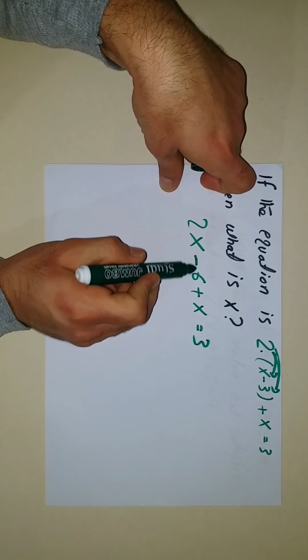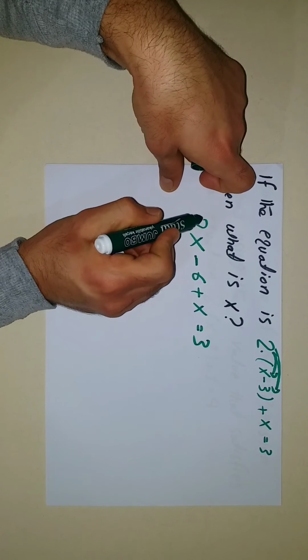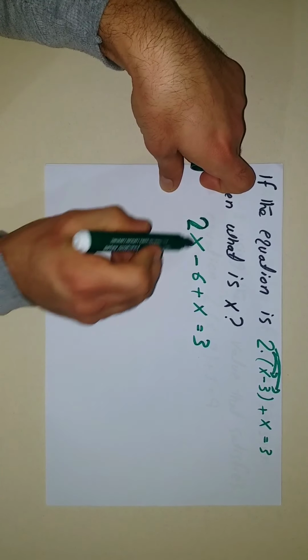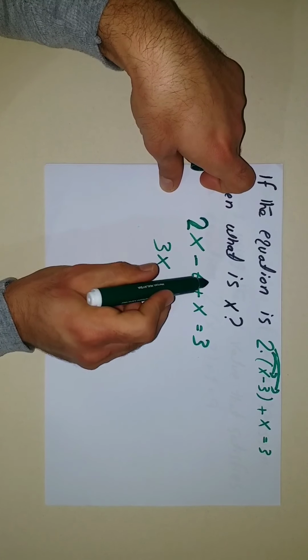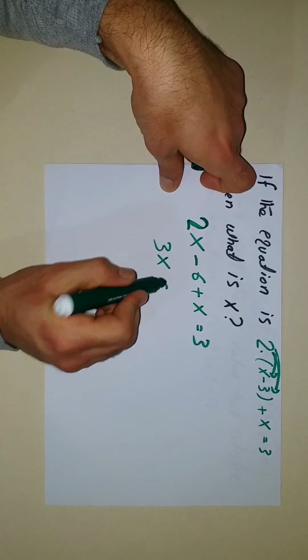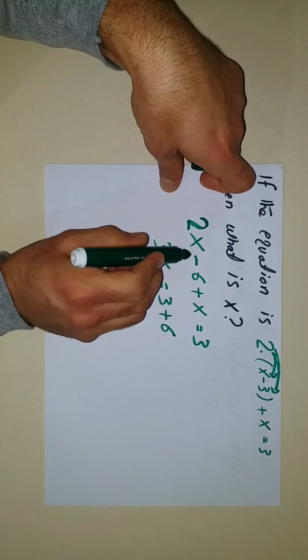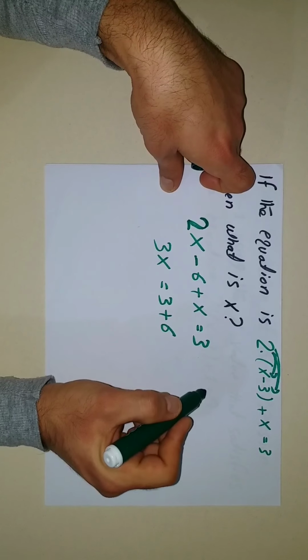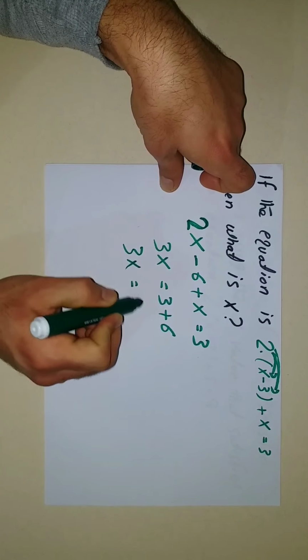Now this minus 6 will go to the other side, and x will remain on this side. 2x plus x will be 3x, and this minus 6 will go to the other side as a plus, so it will be 3 plus 6. So 3x is equal to 9.